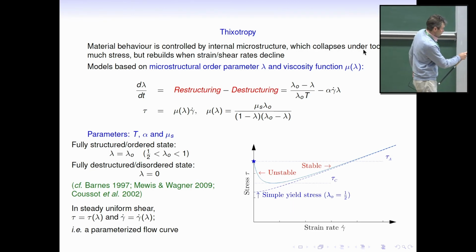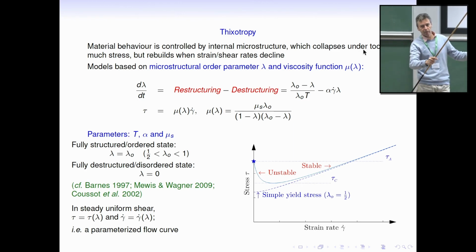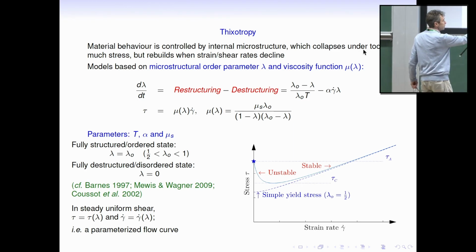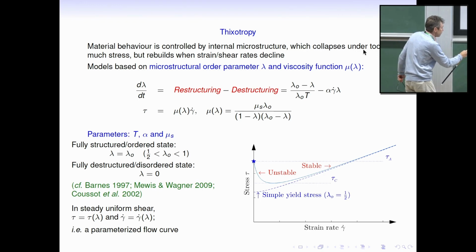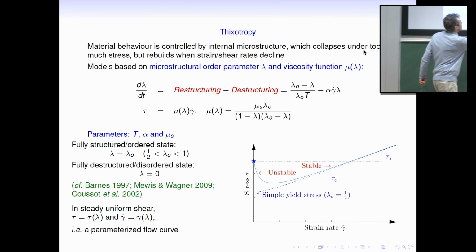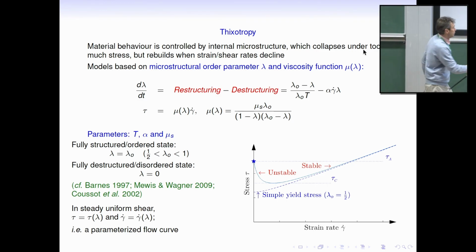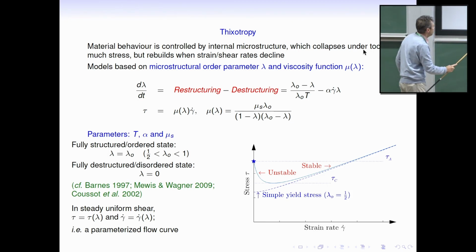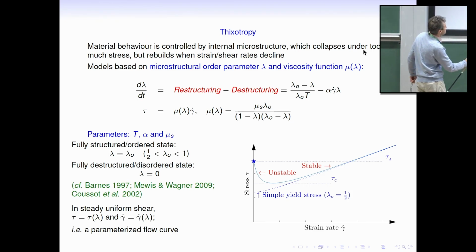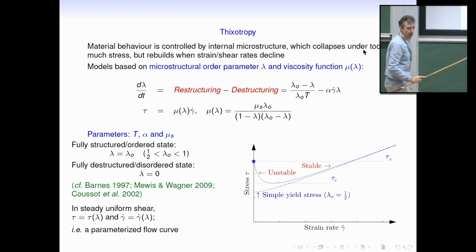Okay, so this is a slightly different version of what's been written down previously. The only difference is the algebraic forms that I've adopted for, say, the viscosity and so on. The important thing is it's a fully structured state where lambda is lambda 0, and that means that the viscosity is diverged, right? So down here it has to be at 0 strain rate for that. And then there's a fully destructured state when this order parameter goes to 0.